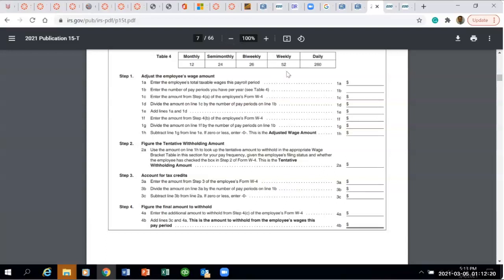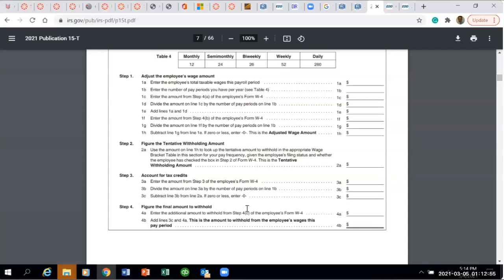So $2,000 divided by 52. Yes, $2,000 tax credit divided by 52 is $38.46.